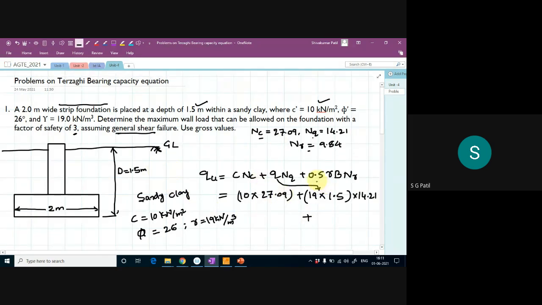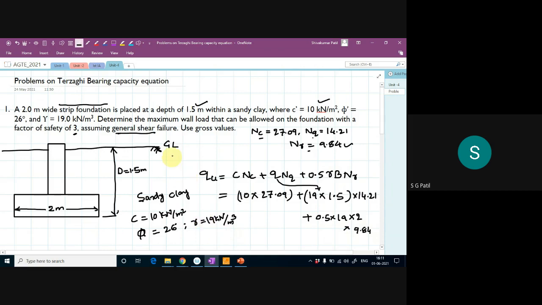Plus, what is my third term? The third term is 0.5 into gamma, which is 19, into the width of foundation, 2 meter, into N gamma, which is 9.84.